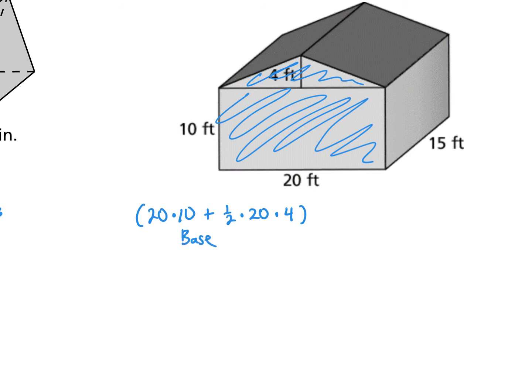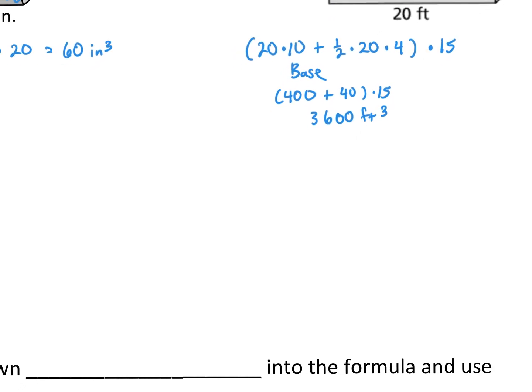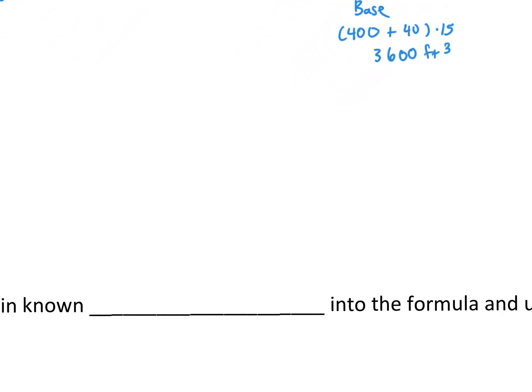Now we want to multiply it all by the height, 15. 20 times 10 plus 1/2 times 20 times 4. This becomes 400 plus 40 times 15, simplify that even more, our volume is 3,600 feet cubed.